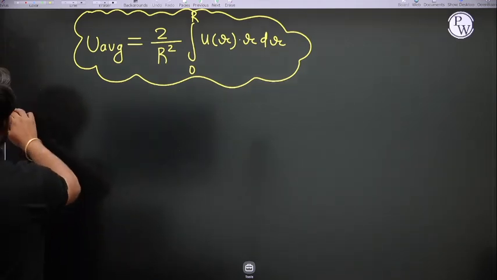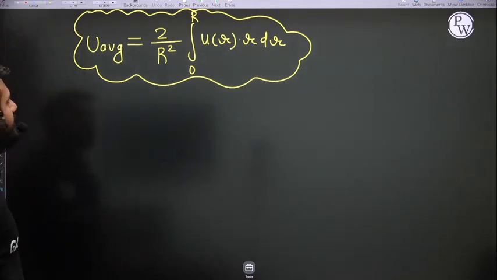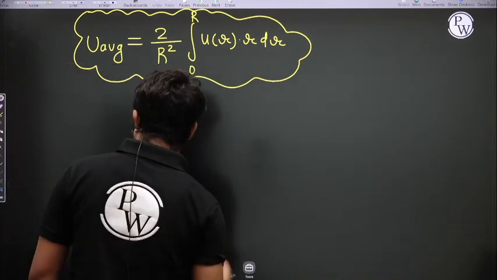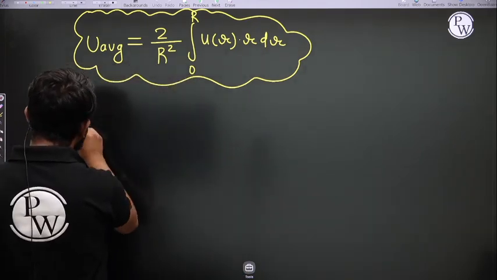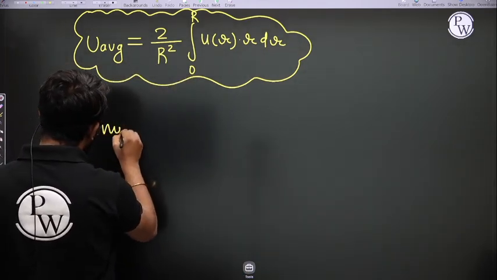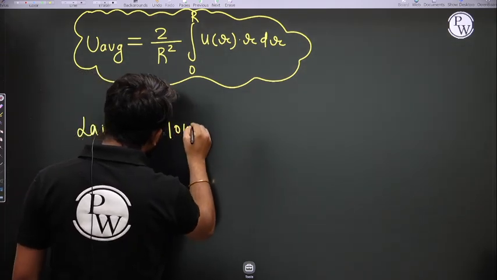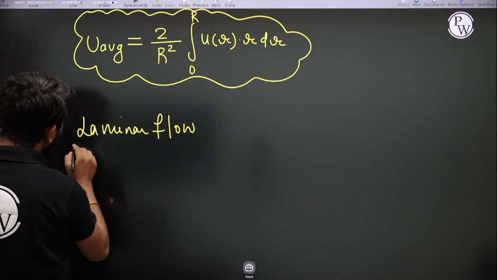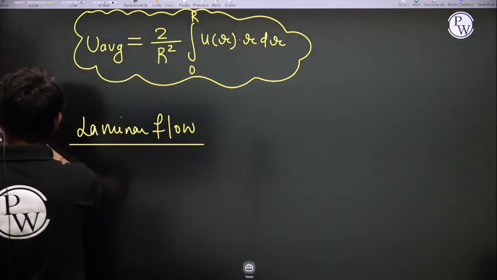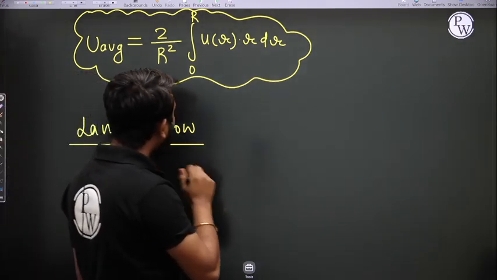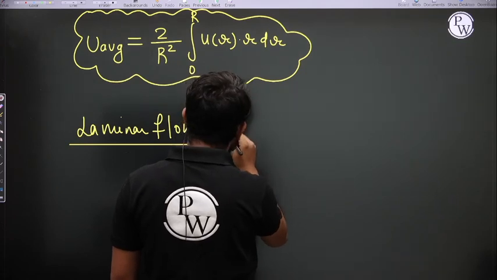Now, let us assume the flow is laminar flow. In case of laminar flow, from fluid mechanics we know that the velocity u is a function of r.